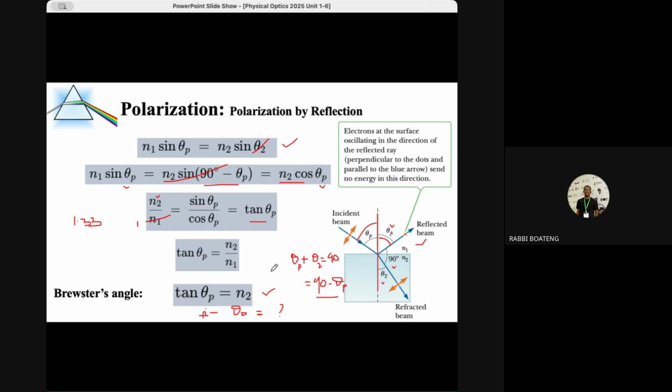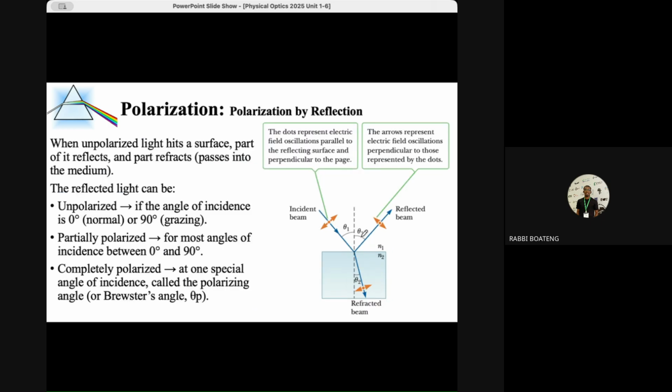Okay, so it starts from here. When we have unpolarized light coming here, some of the light gets refracted, some of the light gets reflected, if you are traveling from one medium to another, for instance from a less dense medium to a more dense one, like air to water or air to prism.